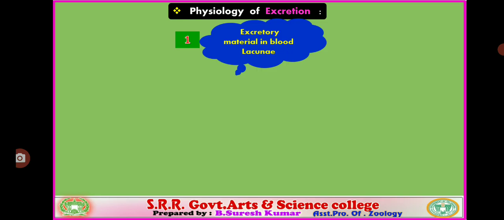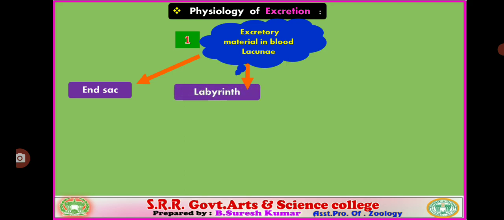So the excretory material present in the blood lacunae is first absorbed by the excretory epithelial lining of the end sac, and next another part of the green gland, the labyrinth.